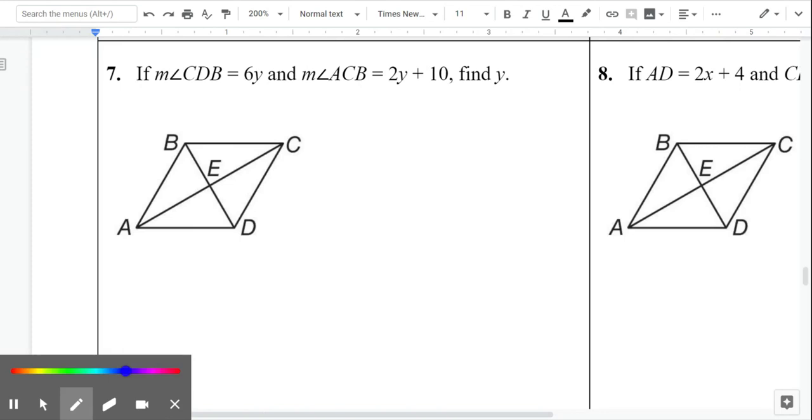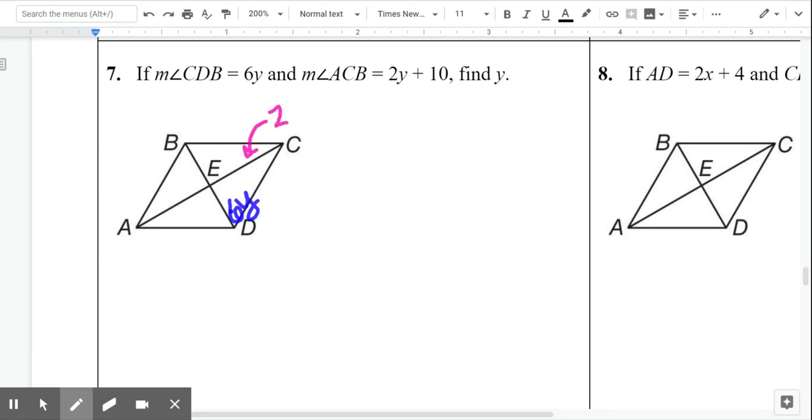Okay, here I am on number 7. If measure of angle CDB is 6y, CDB is right here, 6y, and ACB is 2y plus 10, ACB right here is 2y plus 10, find y. Okay, now this one might look impossible, but it really isn't.